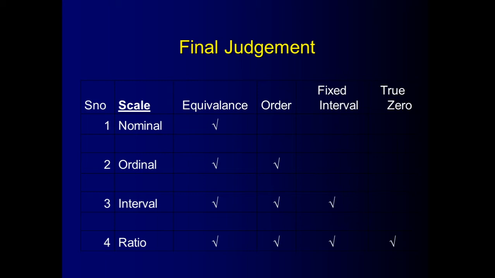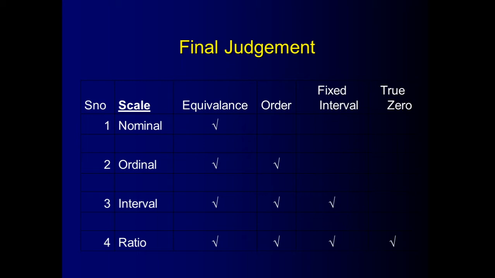You can see nominal measurements have equivalence, but they don't have the other three good qualities. Whereas ordinal has equivalence and order. Whereas interval has the first three qualities. And the last one, ratio, fulfills all four qualities.